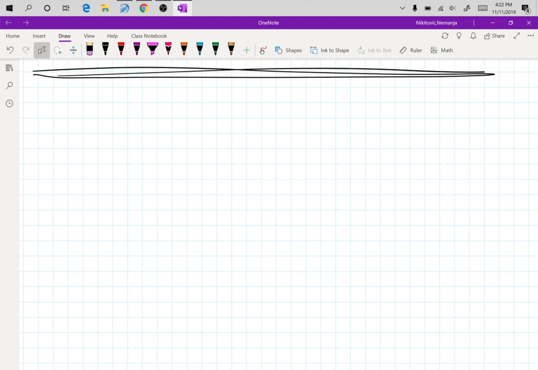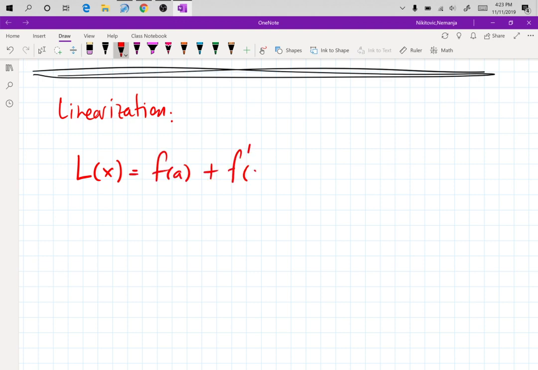So now, what I want to do is write a single formula for the tangent line, which we will call a linearization. So linearization L of x is equal to f of a plus f prime of a times x minus a.